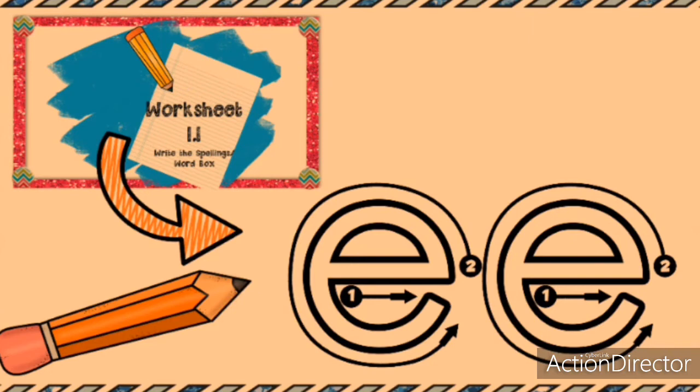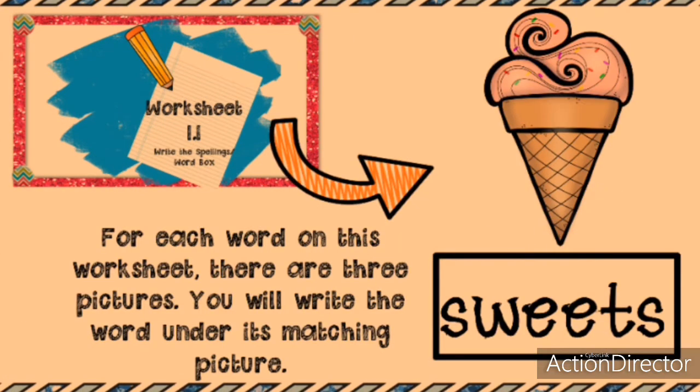Remember, the sound for today is vowel E. Long vowel E. In worksheet 1.1, for each word there are 3 pictures. You will write the word under its matching picture, as you can see in my example.